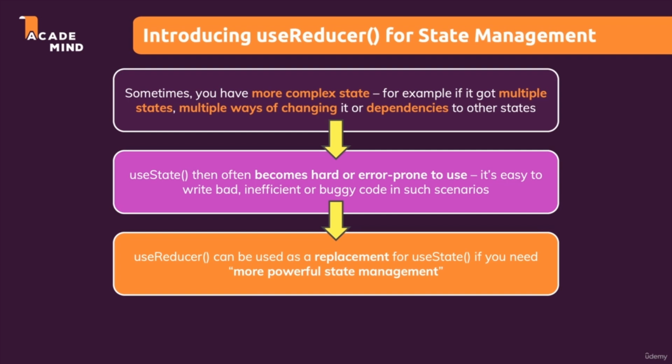Now this does not mean that you should always use useReducer, because it's more powerful, so it's always better, right? No, because it's also a bit more complex to use, it requires a bit more setup. So for a lot of scenarios, for the majority I would argue, you probably use useState. But there are cases where the extra work of getting useReducer to work is just worth it.